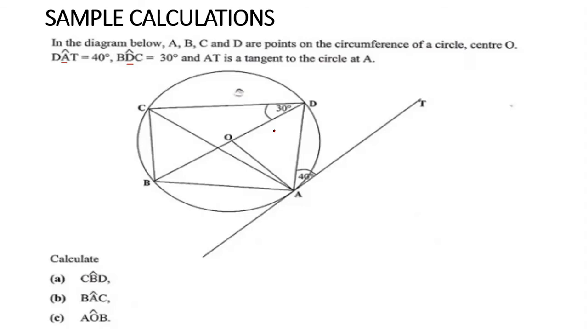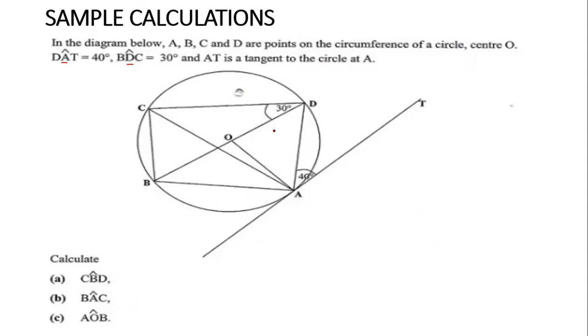For example, supplementary angles, which are angles on a straight line, add up to 180. Angles in a triangle add up to 180. Then also you know about angles on an X, isosceles triangles, equilateral triangles, and so on and so forth. That knowledge is going to help you to swiftly answer such questions. So please have the ability to recognize triangles within the question that you have been given.